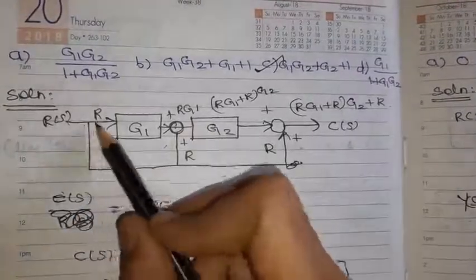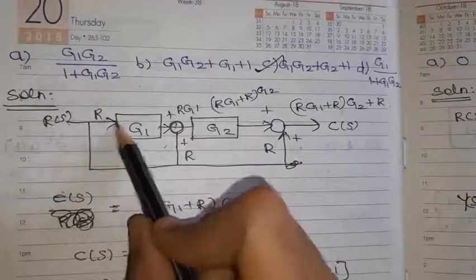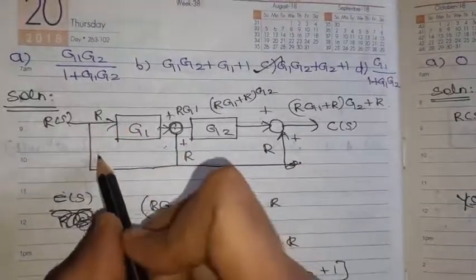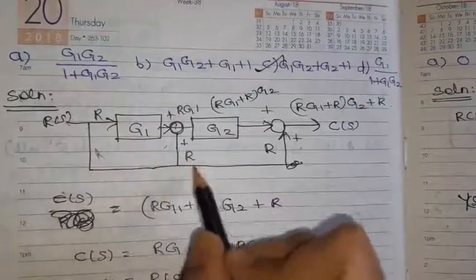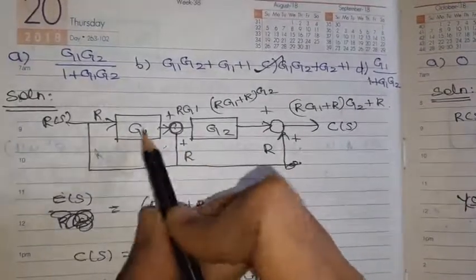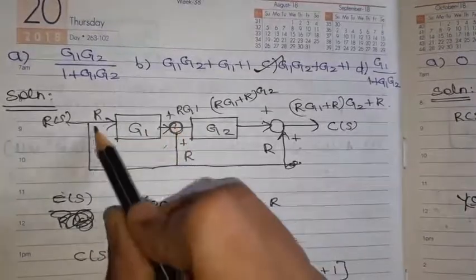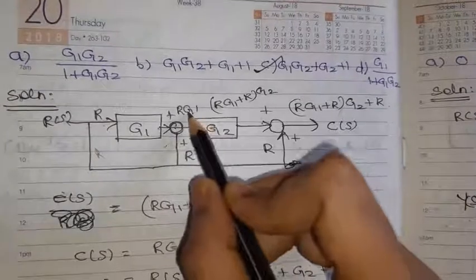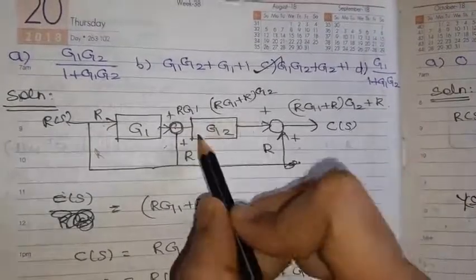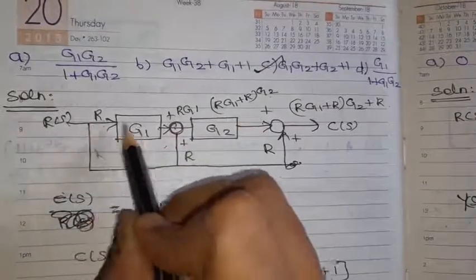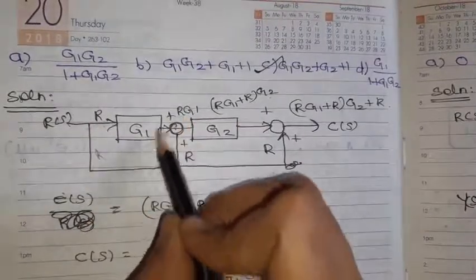So R of s means R will go here, and the same R will go here, and here also R will go. Then what will happen? This is a summing point. So R into G1, output of this block is R G1.